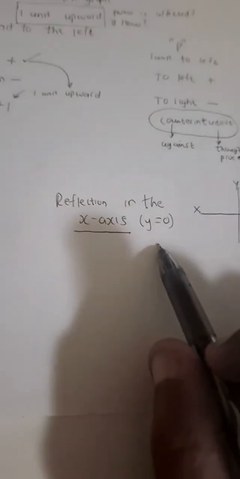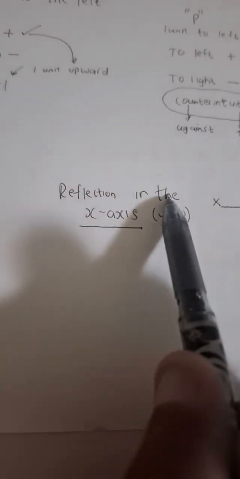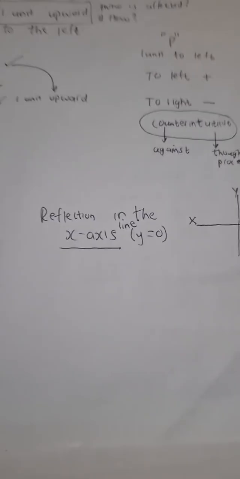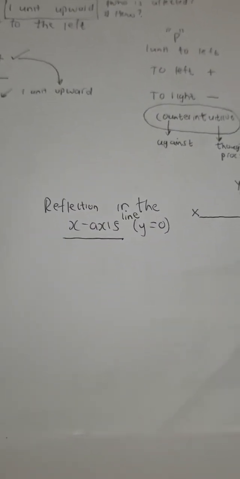Why am I bringing this up, guys? It's because sometimes when they ask what Kate has just asked me now, if they say reflection in the x-axis, they may say to you, write down the new equation if it's reflected in the line y = 0. Now people get lost in that moment and they're like, Haibo, what is that now? Because I'm used to reflection in the x-axis.